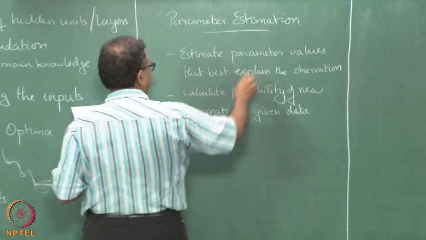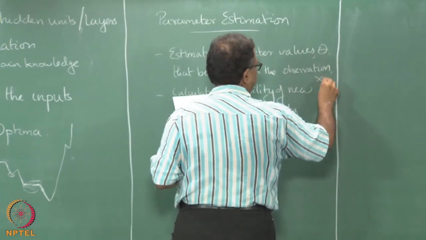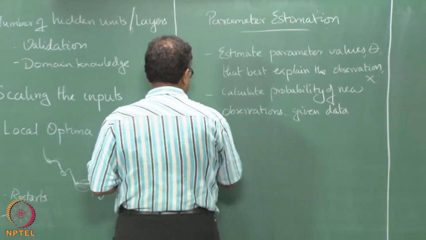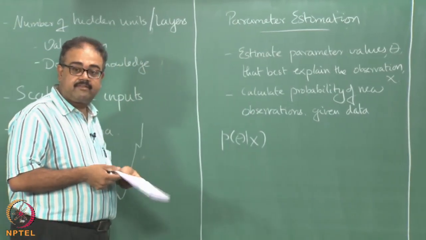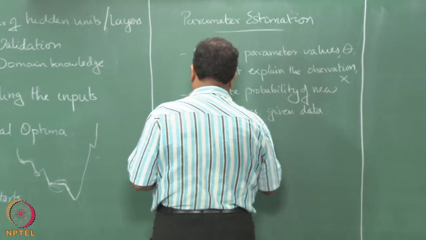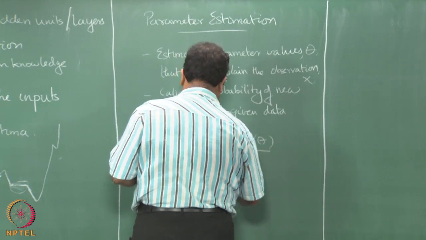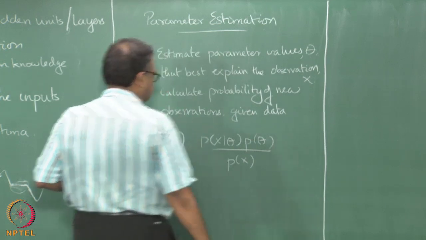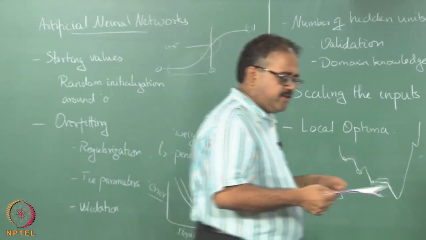So, I am going to assume that the parameters are given by theta, and the observation is given by capital X. So, what I am interested in is probability of theta given x. That is all familiar Bayes rule.